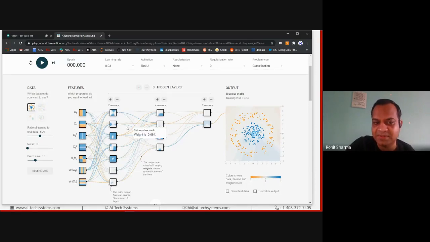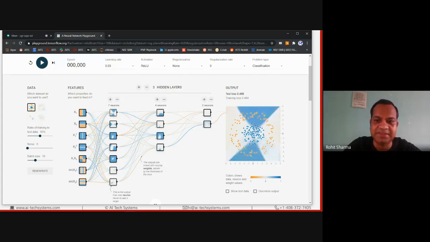When these 200 samples are done propagating through the network once, it's called 1 epoch. So I'm going to run it to, let's say, 200 epochs and see what kind of function it comes up with as the boundary to classify blue versus yellow.